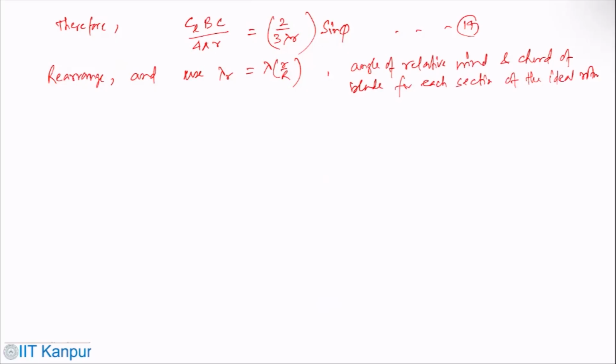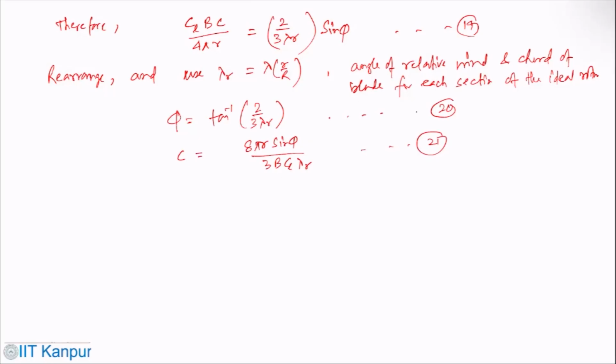So we get phi equals tan inverse of 2 by 3 lambda r, and from here we get chord equals 8 pi r sin phi by B C_L.